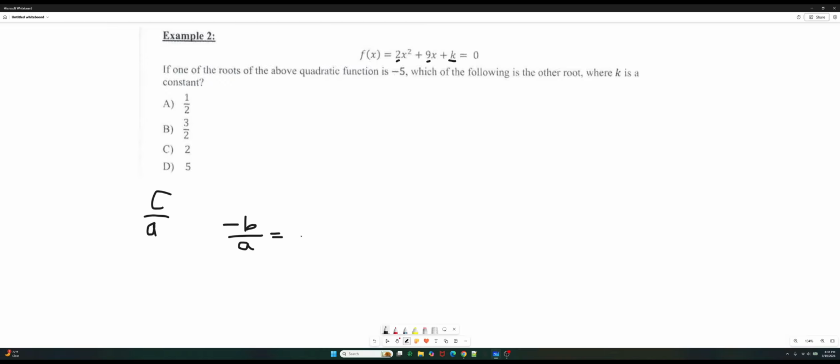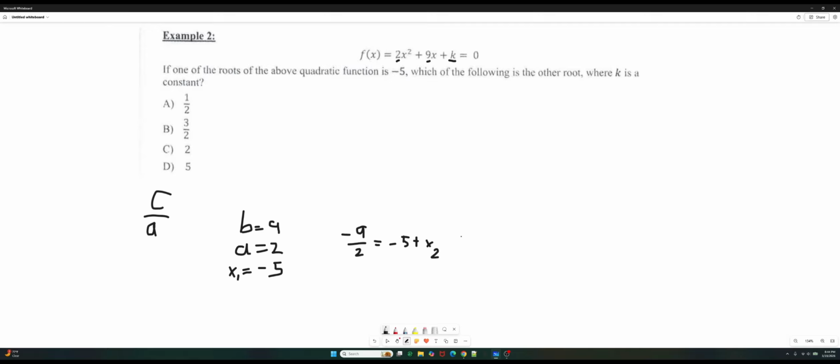So what we could do here is, we know b is 9, b equals 9, a equals 2, and one of the roots, I'll just call it x1, equals -5. So if we use the formula, -9/2 equals -5 plus x2.